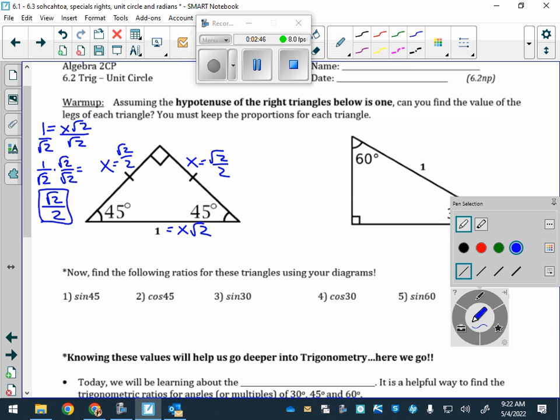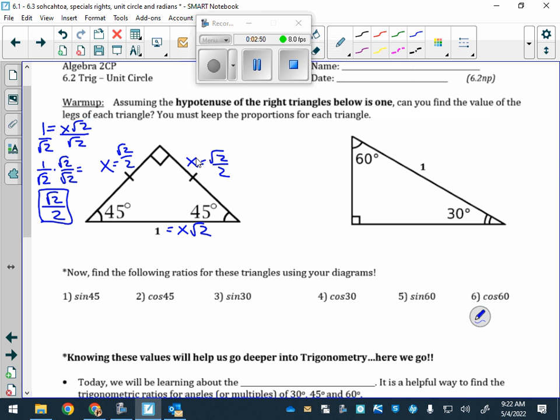Now moving on to 30-60-90. Across from 30 is x, across from 60 is x root 3, and across from 90 is 2x. So we have 1 equals 2x. What does x equal? 1/2. So across from 30 is 1/2.